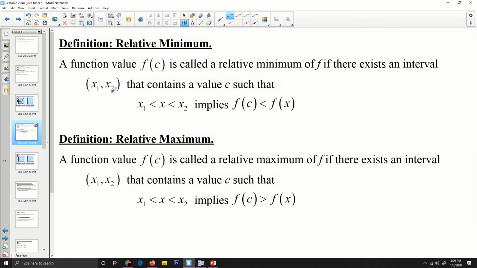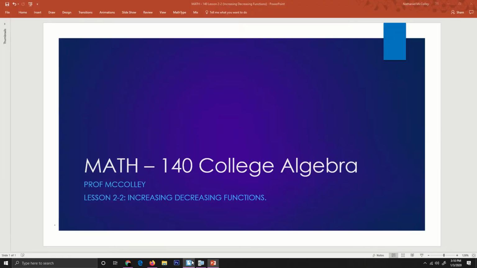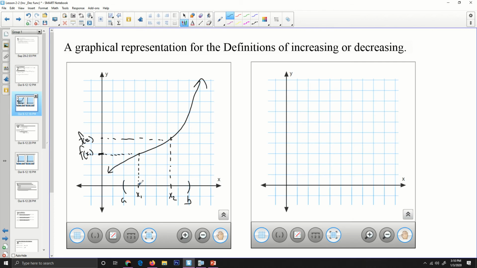And so what it says is that if you have some interval over which the function is increasing, and you pick any x1 and x2 such that x1 is less than x2, then if you follow them up to the function values, f of x1 will also be less than f of x2.